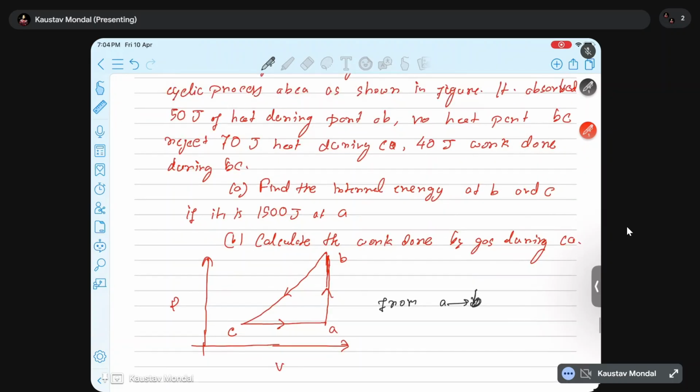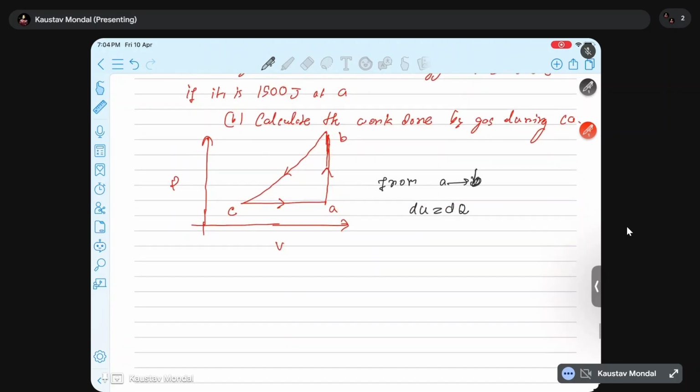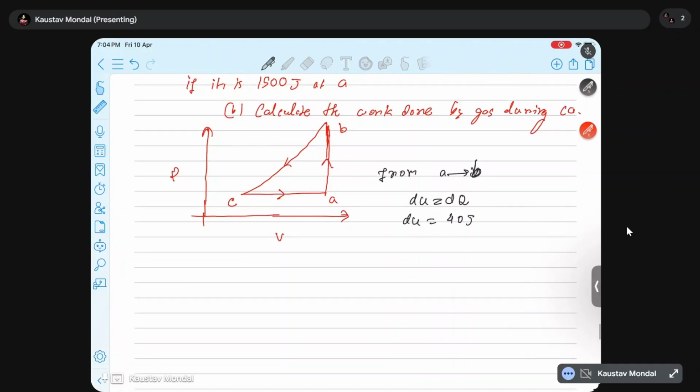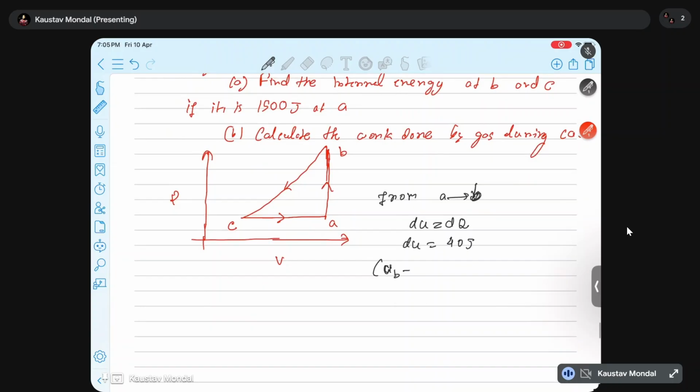So from A to B, heat is involved, but there is no work done. So dU equals only dQ, right? So U at B minus U at A is equal to 50 joule.